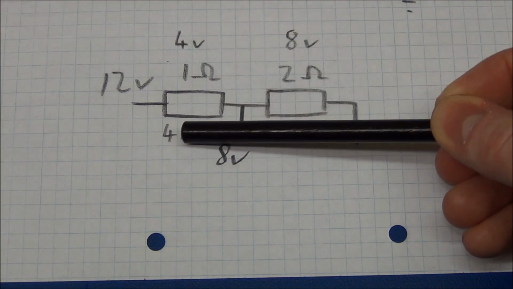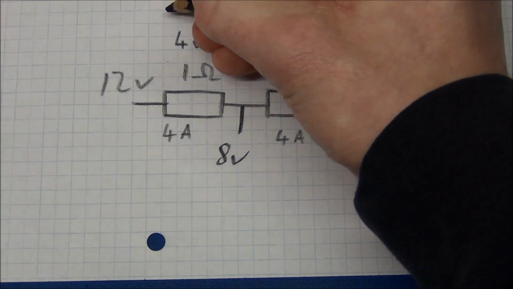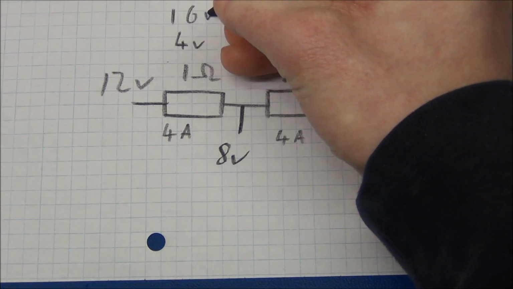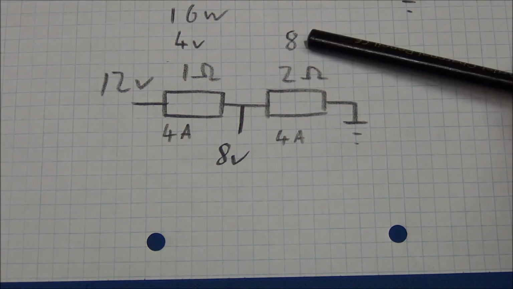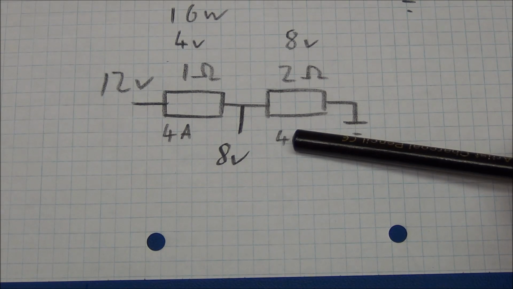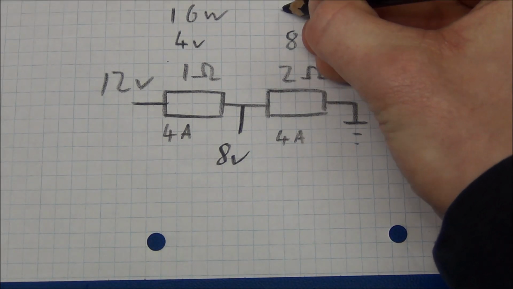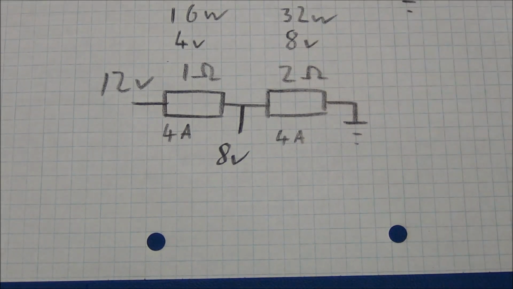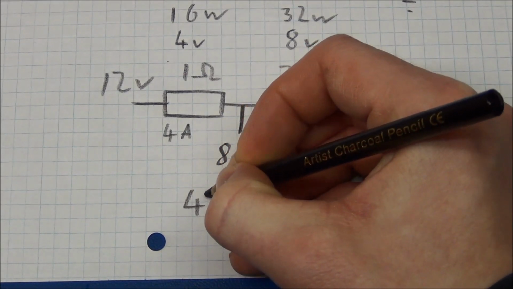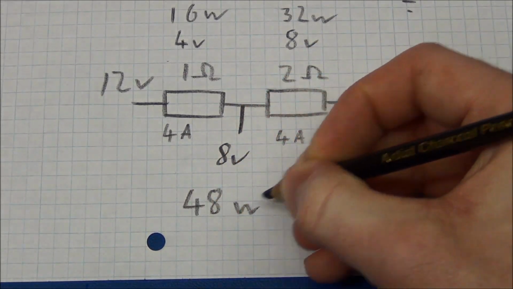4 volts multiplied by 4 amps is 16 watts. And 8 volts multiplied by 4 amps is 32 watts. Or 48 watts in total.